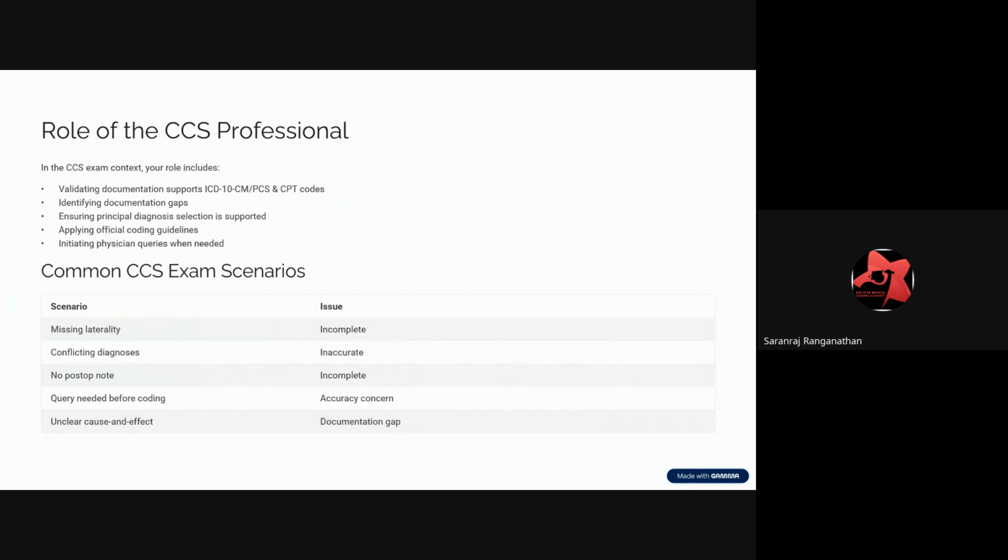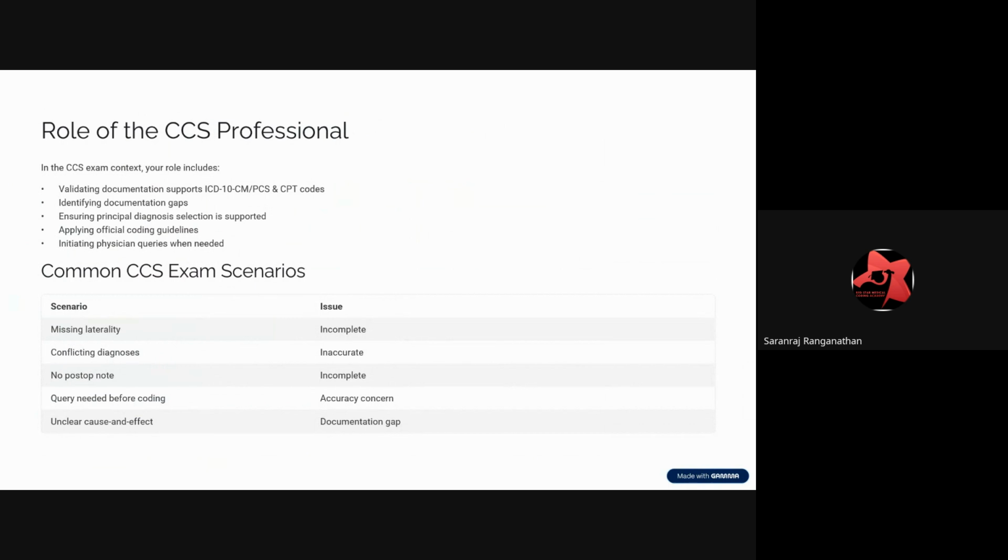Some examples, as per exam scenarios I've taken from recent exams: missing laterality comes under incomplete documentation. A conflicting diagnosis means inaccurate. No post-operative note is also incomplete. If data is not there, it is incomplete. If data is there but there is some confusion, it is inaccurate.